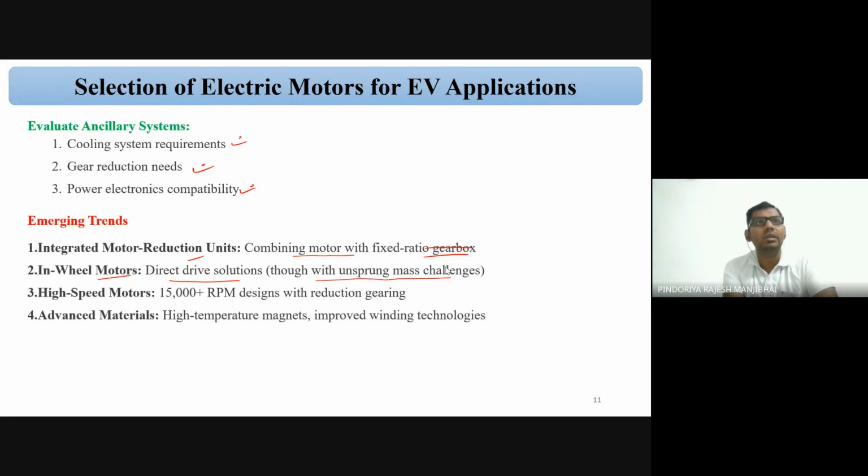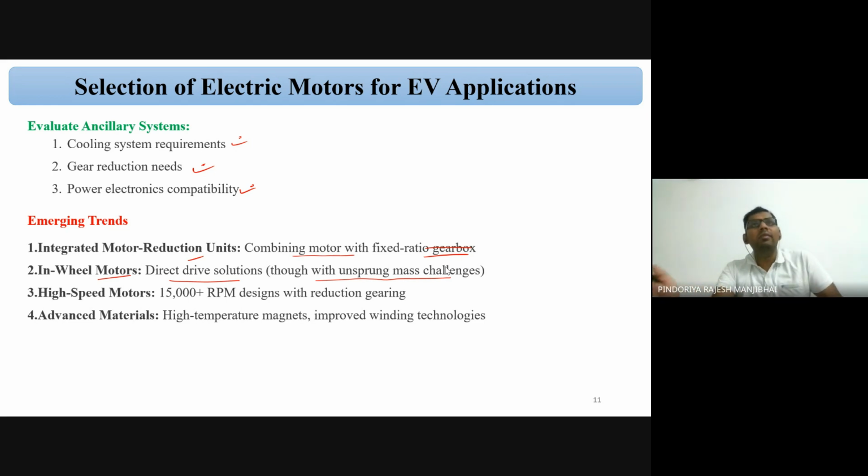You can see in two-wheelers as well as three-wheelers, they are using the hub motor, while four-wheelers and electric buses use multiple motors. Maybe you have four wheels, so normally people use two motors, one motor in the front wheel and another motor on the back wheel, correct?